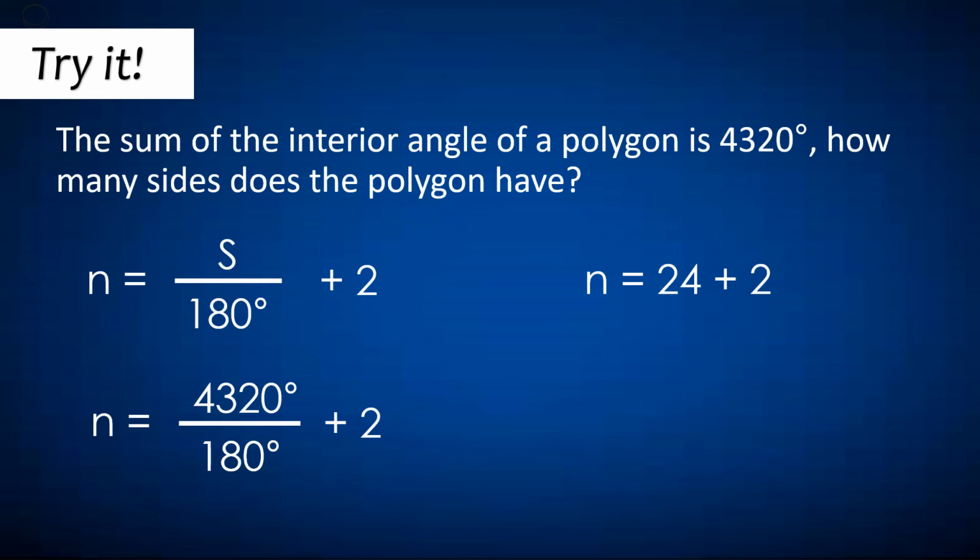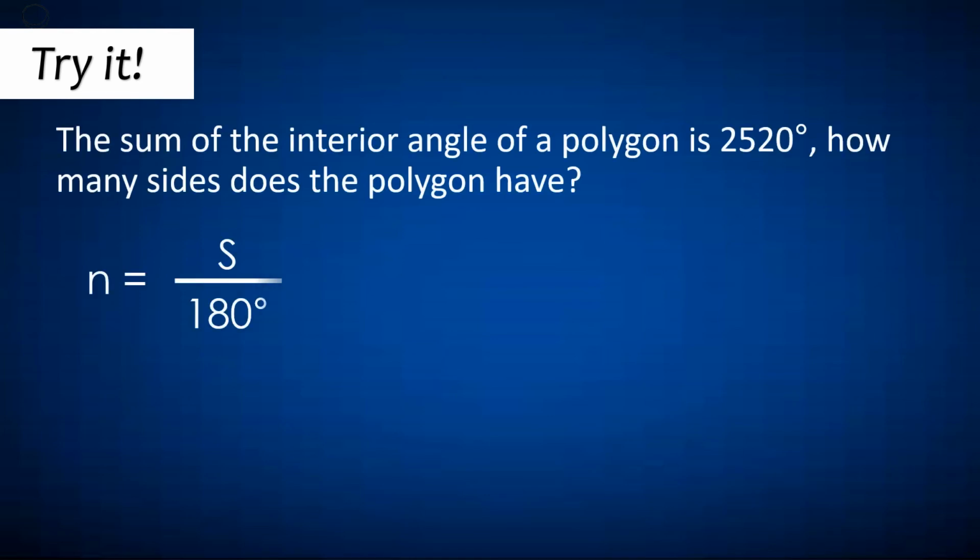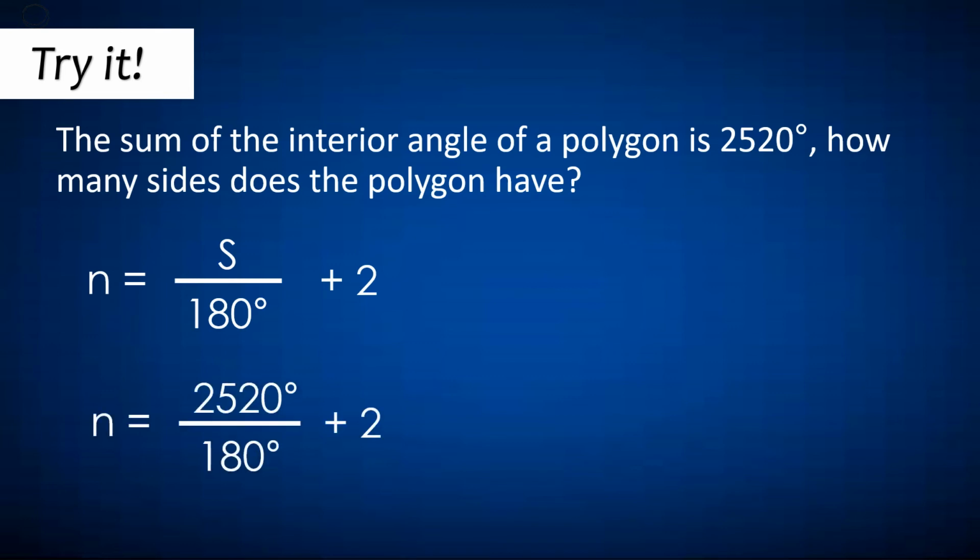Therefore, yung polygon ay may 26 sides. Next, let's proceed with the sum of the interior angles of a polygon naman ay 2,520. So, ganun pa din, all you have to do is substitute, divide, and then add. 14 plus 2 is equal to 16. Then, ang polygon ay may 16 sides.